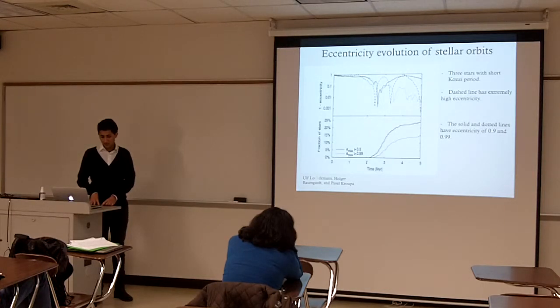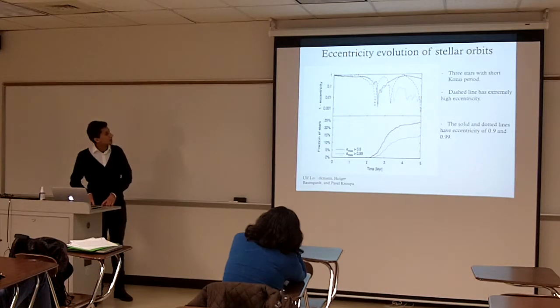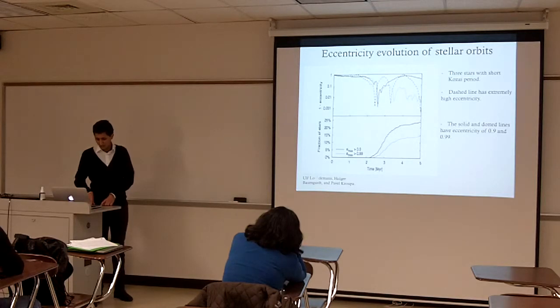And what they did, they took the three stars I mentioned, the closest three stars to the black hole, and when they tested the Kozai mechanism, it impacted one of the three stars and gave that star a high eccentricity.